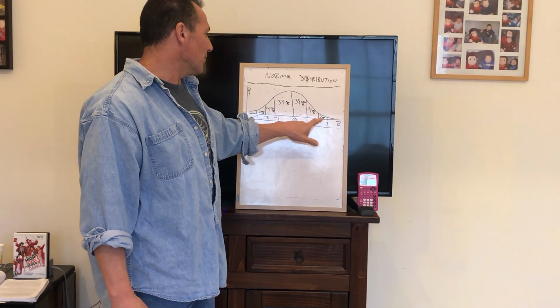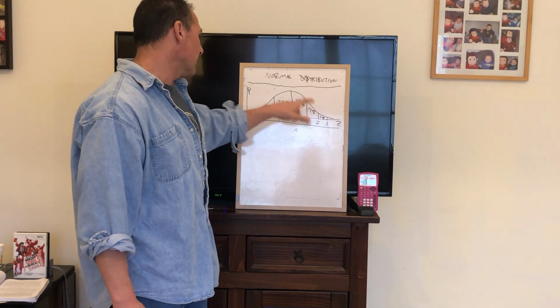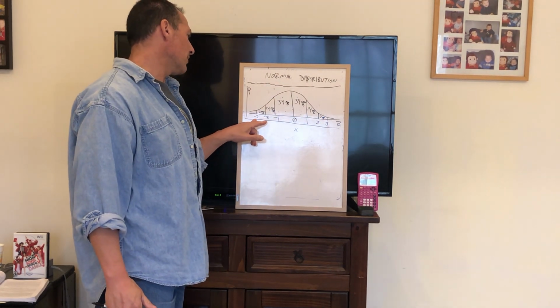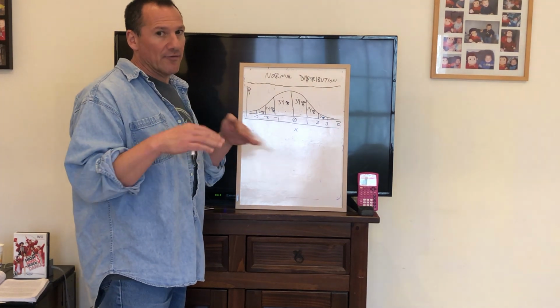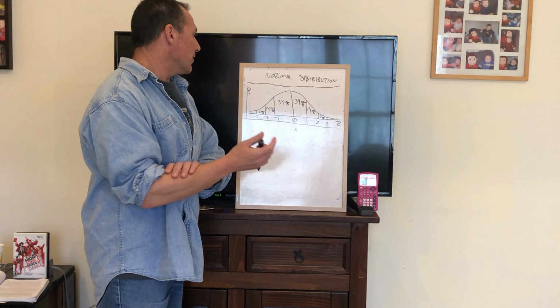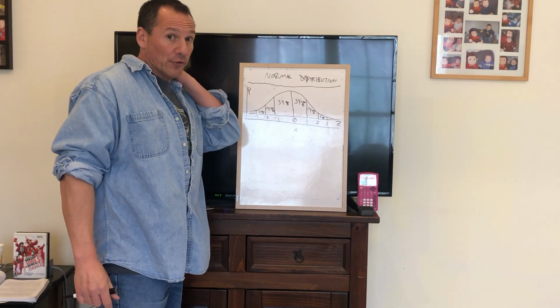That's in this little 2% bit of the distribution right over here. Similarly, if your score is between 2 and 3 standard deviations below the mean, whatever that variable is, you're talking about a very extremely low score over here.